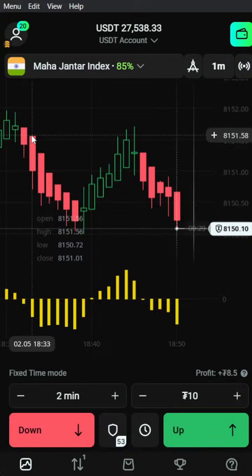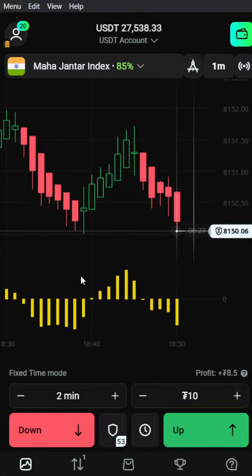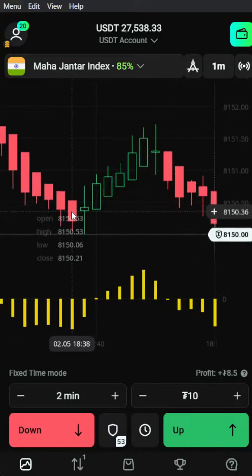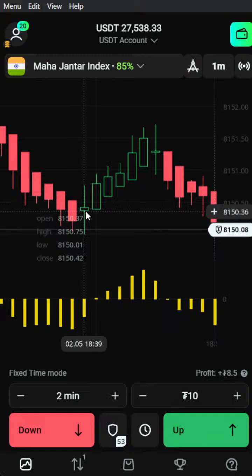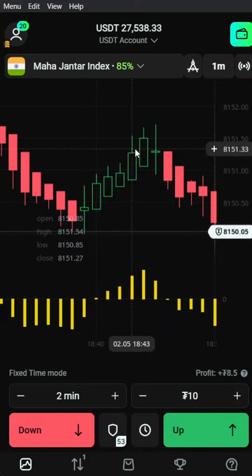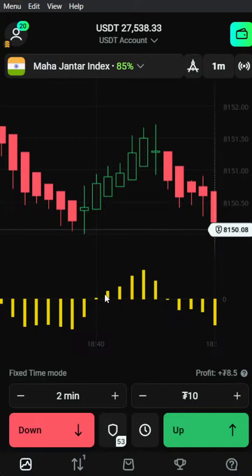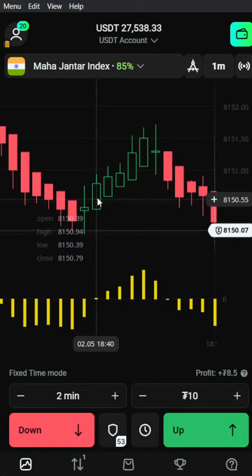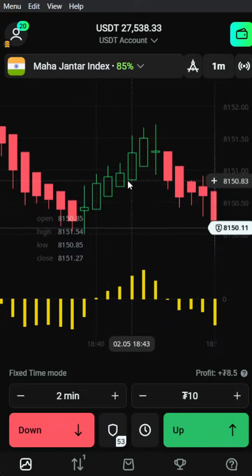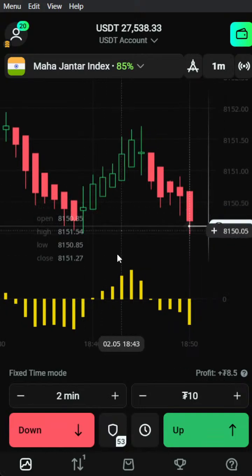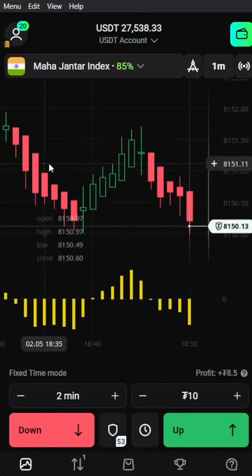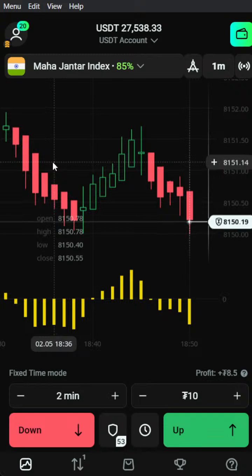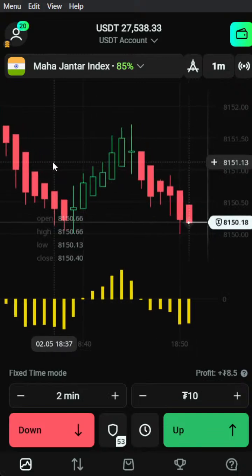And when you see that the candle is suddenly changing its color from downtrend, that means the trend is changing in the upward direction and the DPO is also shifting above the zero line. You will make a 2 to 5 minutes up trade. So basically, the color of the candle matters, the DPO matters, and the trend matters. The strategy summary clearly mentioned that this is a trend asset.